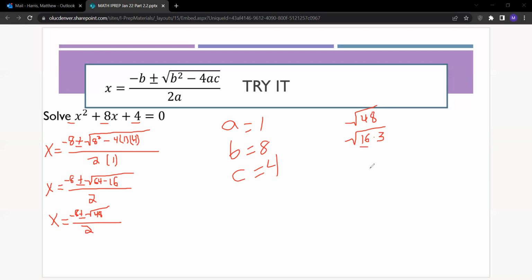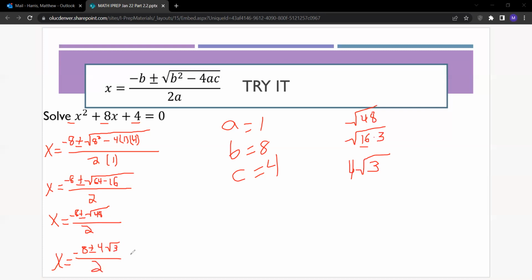The square root of 16 we know is 4, so 4 square roots of 3. So we can plug that back in down here. X is equal to negative 8 plus or minus 4 square roots of 3, all over 2.